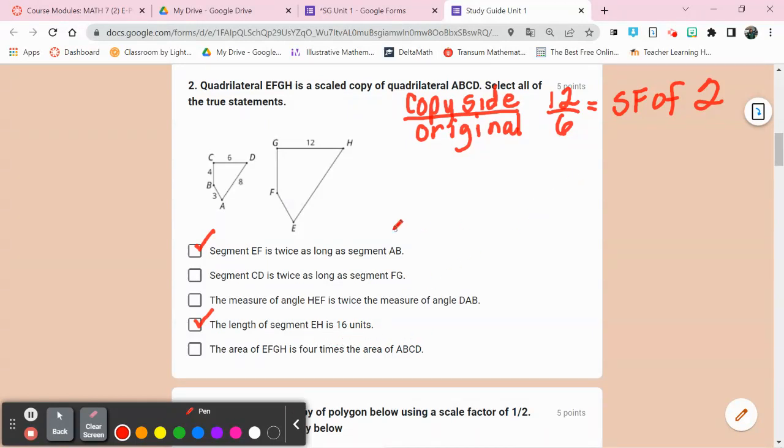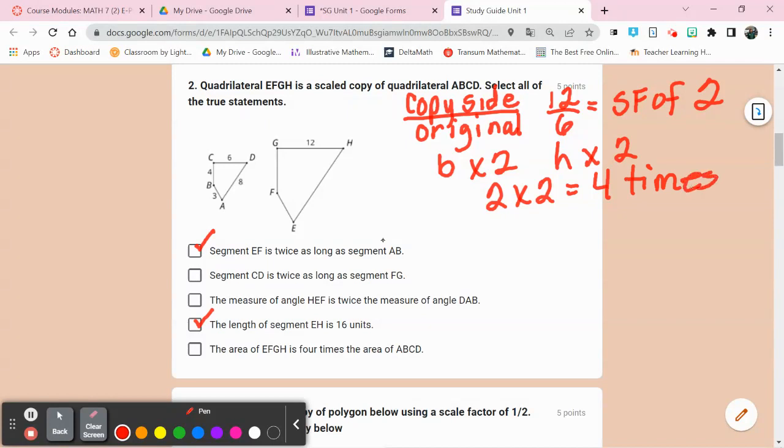Go find your scale factor. Remember, when we do area, all sides are multiplied by the scale factor, but for area, we find it using the base times the height. So our base multiplied times 2 and our height multiplied times 2. So we do 2 times 2 is 4. So the new area will be 4 times larger.